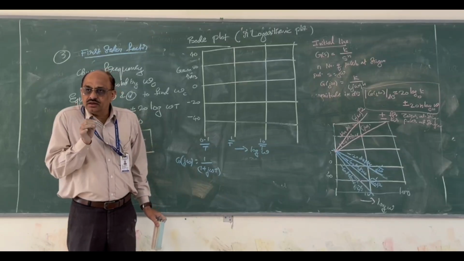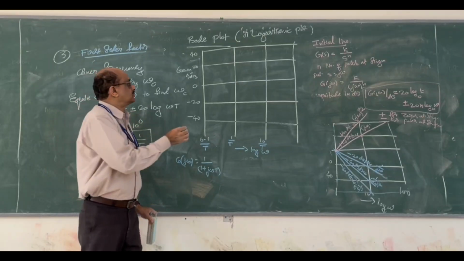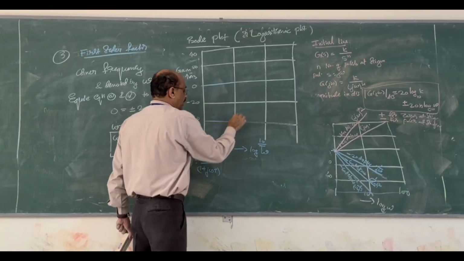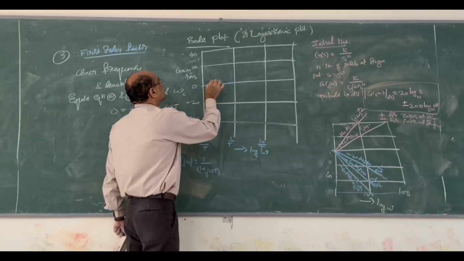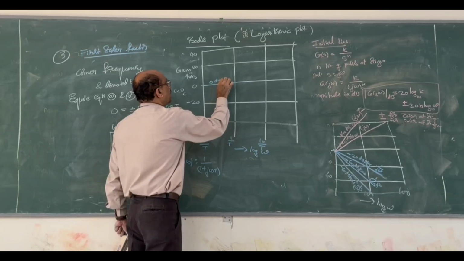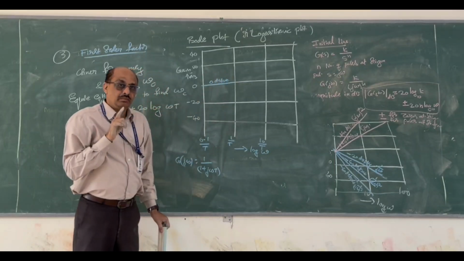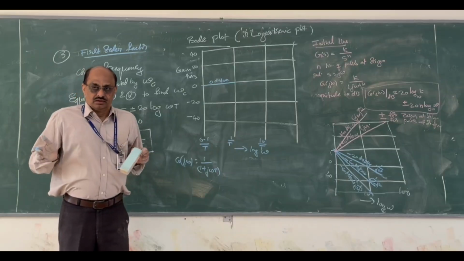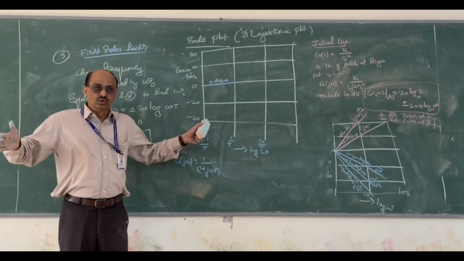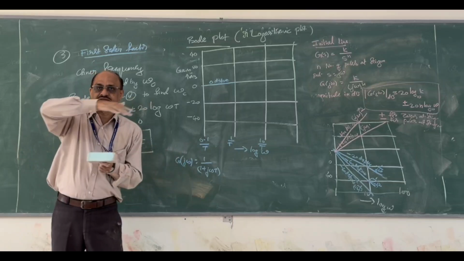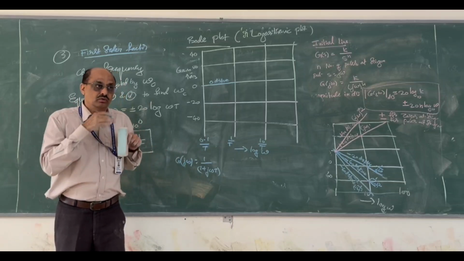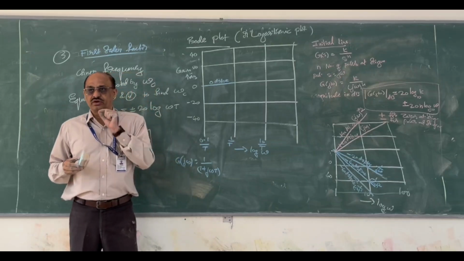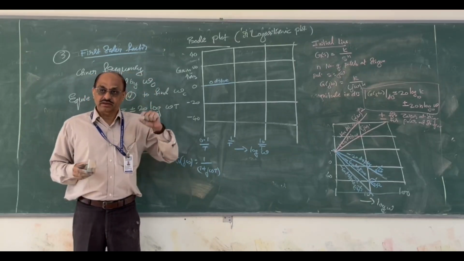Till 1 by t, it has a 0 dB line. So mark the 0 dB per decade line till 1 by t. Now you remember, the previous ones do not have any corner frequency, it is a single initial line. But now you should be careful, you have two lines, one with 0 dB per decade, another with plus or minus 20.